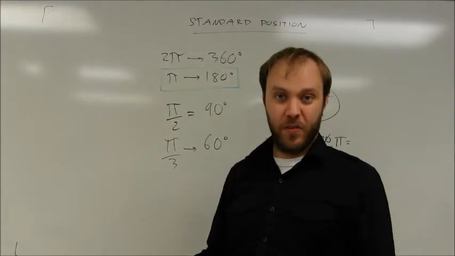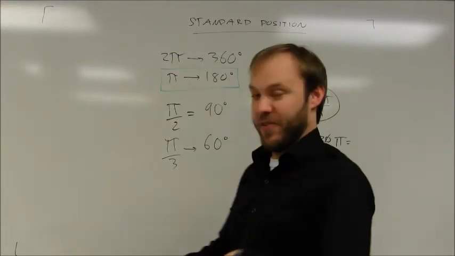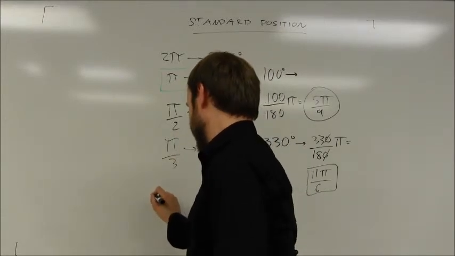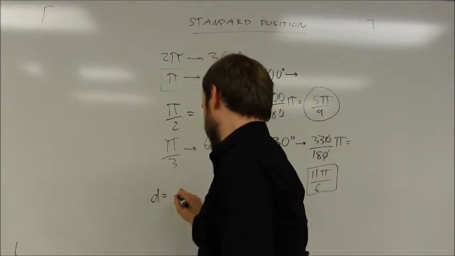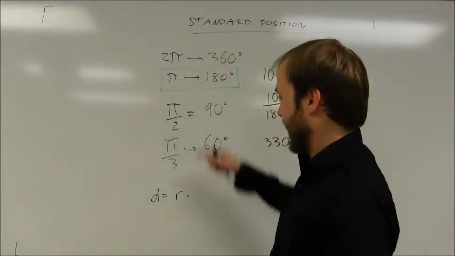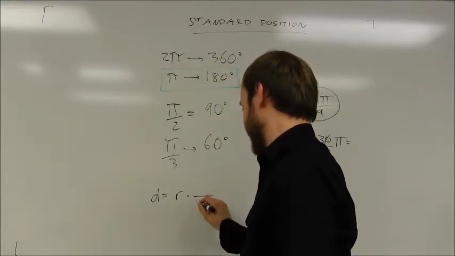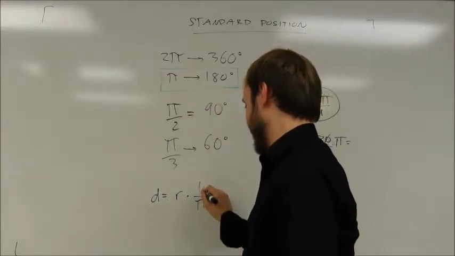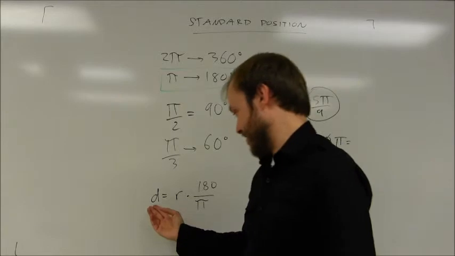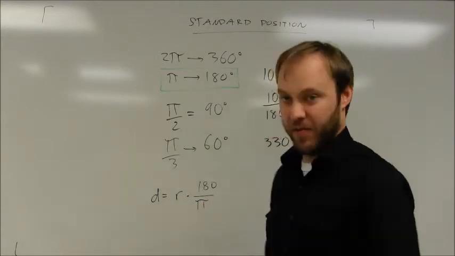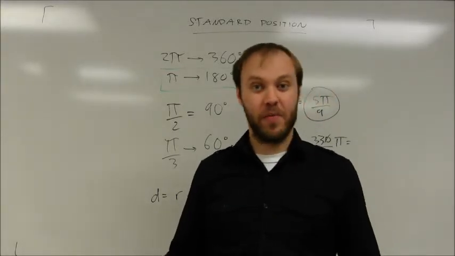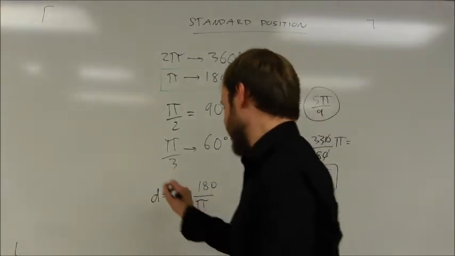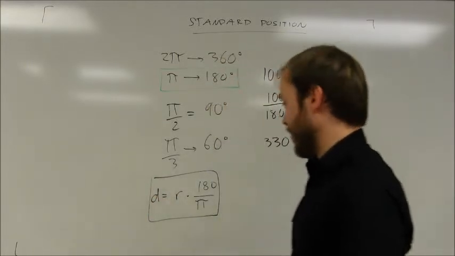So if you want to go from radians to degrees, if you really love formulas, degrees would be equal to the radians times, and again I have to cancel the pi, so the denominator of my fraction would be pi, and I have to multiply by 180. You could say that to get degrees you can take the radians and multiply by 180 over pi. Again, I don't usually use that formula, but you could. It's basically the reverse if you want to convert from radians to degrees.